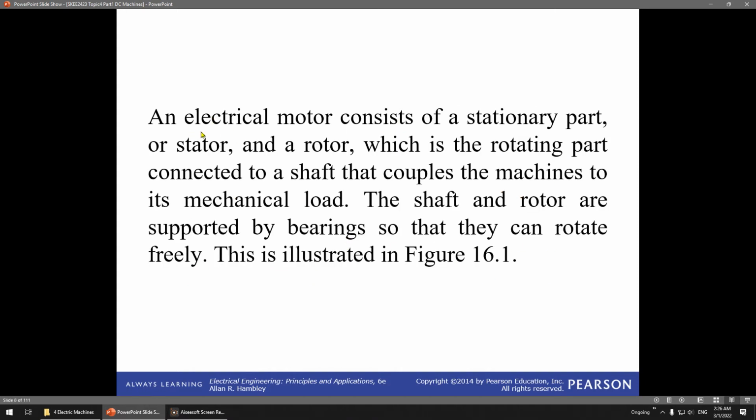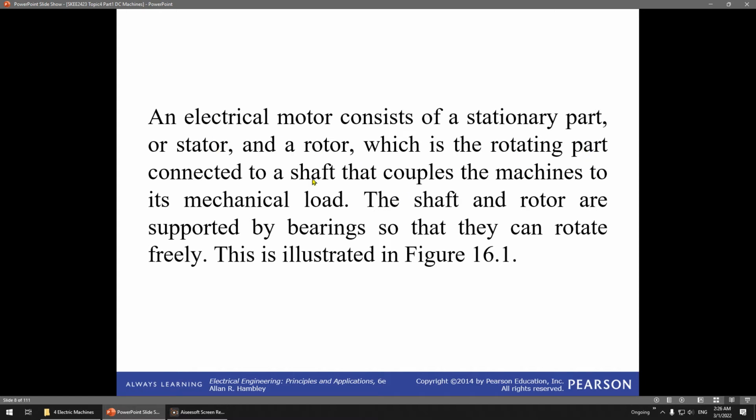An electrical machine consists of a stationary part and a rotor. The stationary part is the stator, and the rotor is the rotating part. Understand this: the one that is not rotating is the stator, and the one that rotates is called the rotor. The combination of these will become a motor or generator.